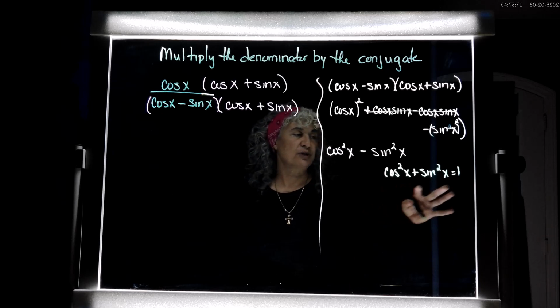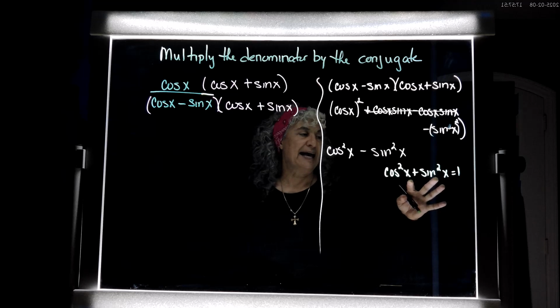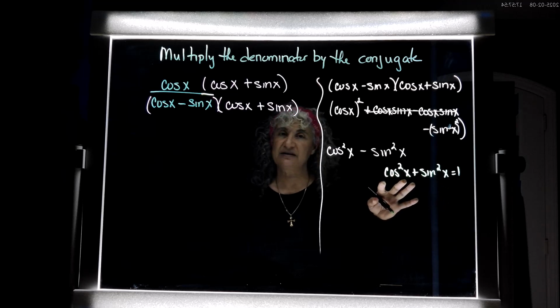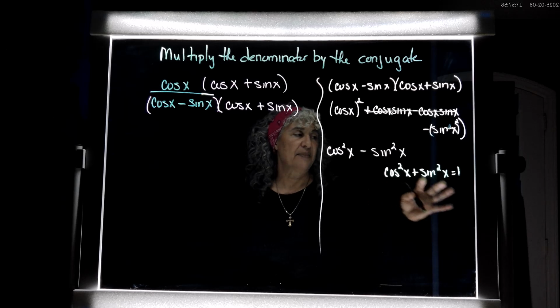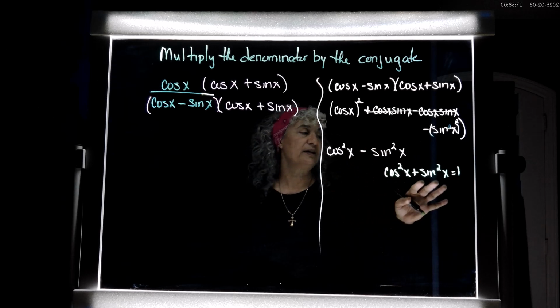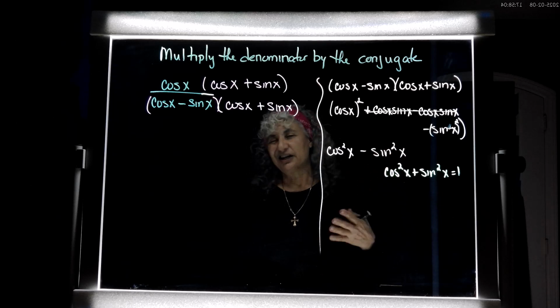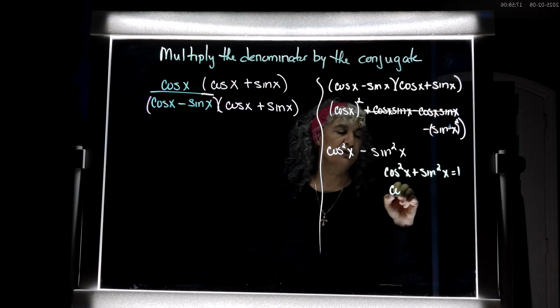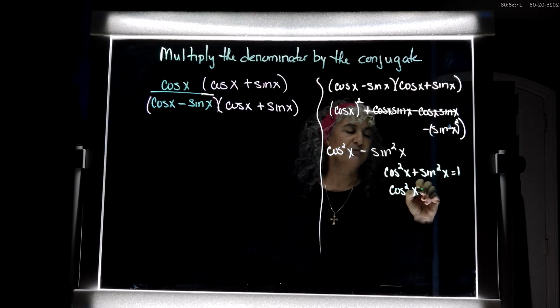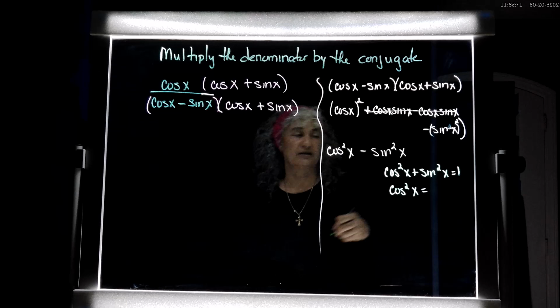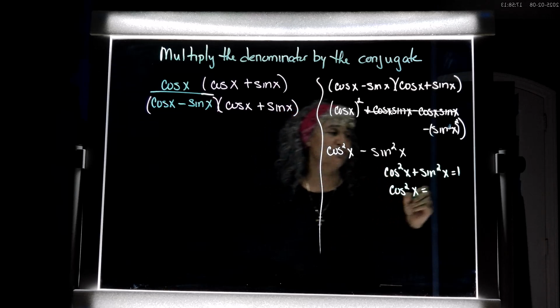We could actually rearrange this equation and get cosine squared of x by itself, and then make a substitution. Or we could get sine squared x by itself and make a substitution. It really doesn't matter which one you do. You're going to get the same thing either way. I'm just going to get cosine squared x by itself, just because it was written first, no other reason.